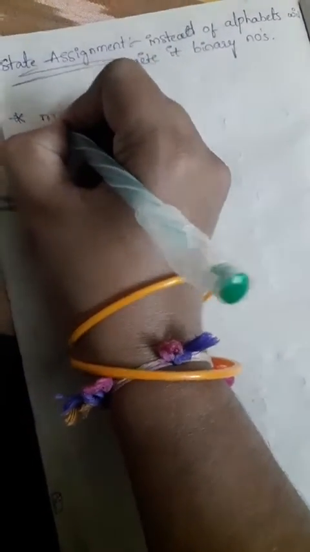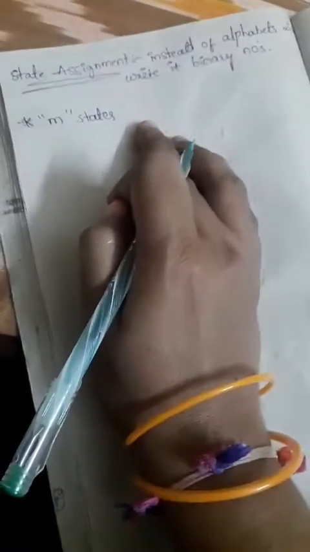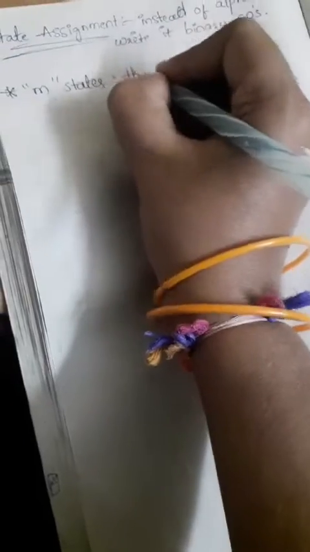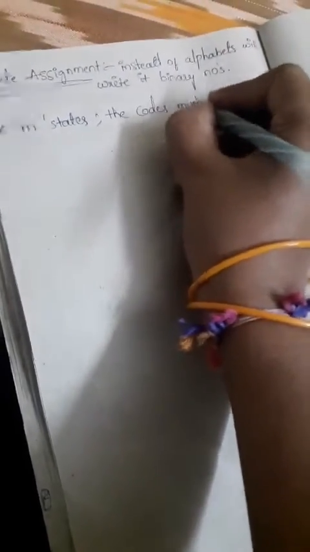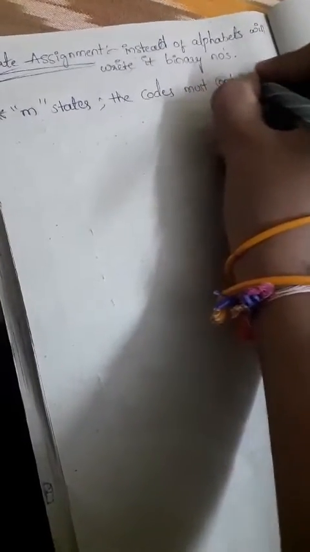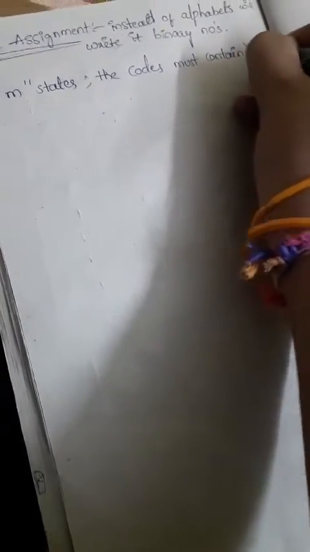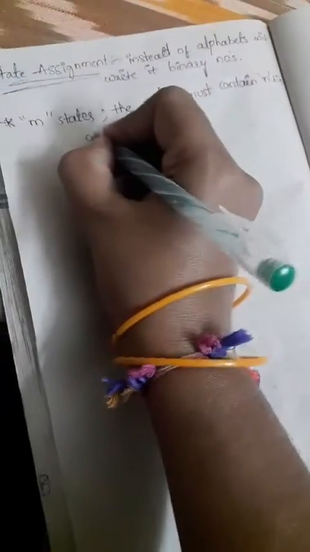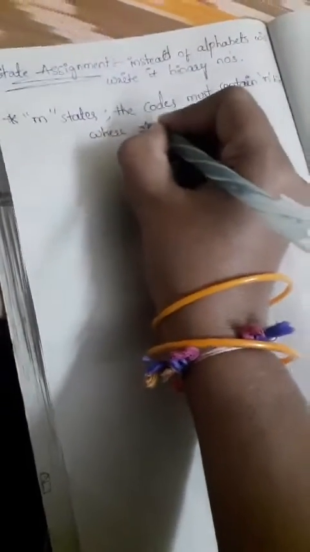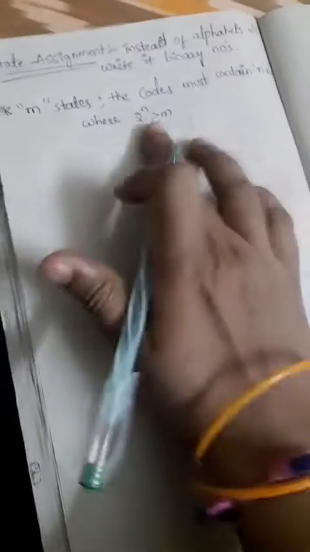That is, for a circuit having m number of states, the codes must contain n bits, where 2 power n is greater than or equal to m, this condition is satisfied.